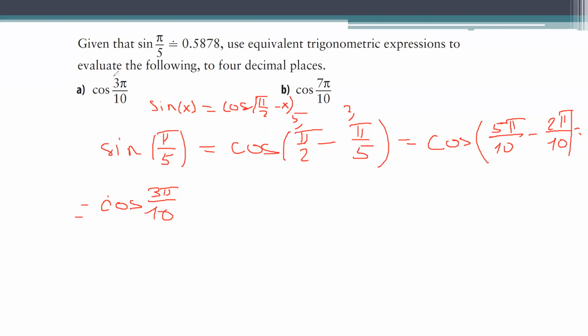Is it clear now why cosine 3 pi over 10 is equal to sine pi over 5? And now, as we know the sine value to 4 decimal places, we can tell for sure that cosine 3 pi over 10 is also 0.5878.